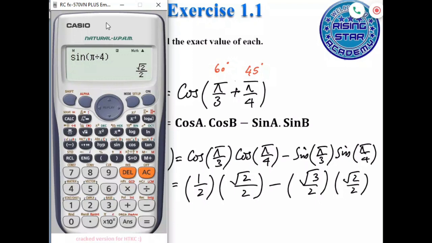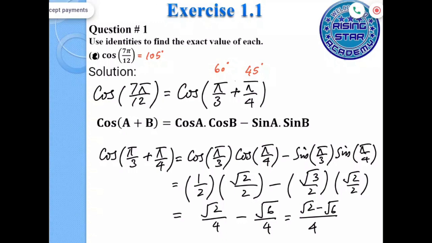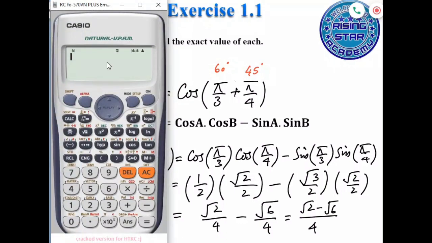Now we will simplify it. So root 2 by 4 minus root 6 by 4. So the LCM would become 4. So root 2 minus root 6 over 4. We can also confirm our answer by using the calculator. So let me check.